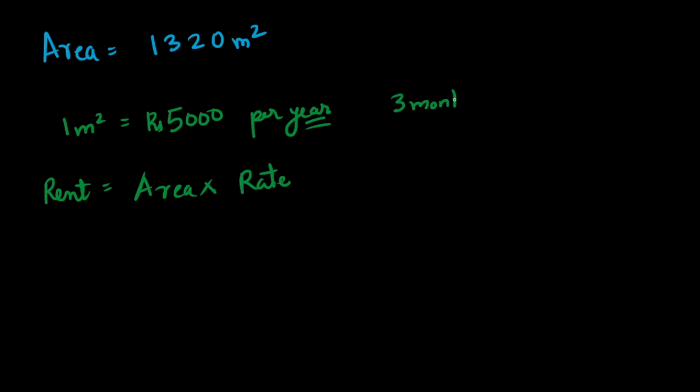So what will you do? You have to find it out for 3 months, right? First we'll find out what rate they should pay for 1 month. How will you do that? If you see here, you know that it's 1 meter square for 5000 rupees per year, right? That is 5000 rupees per 12 months, right?